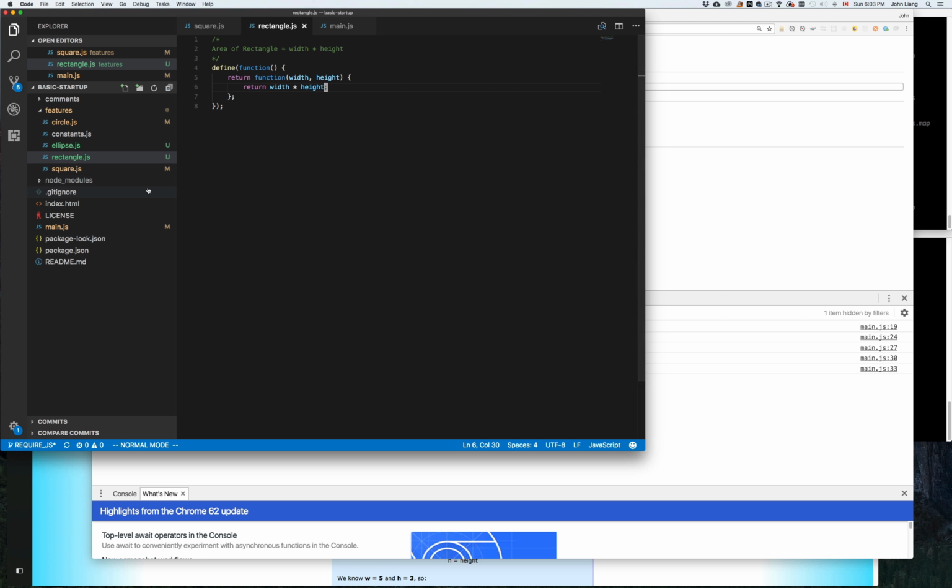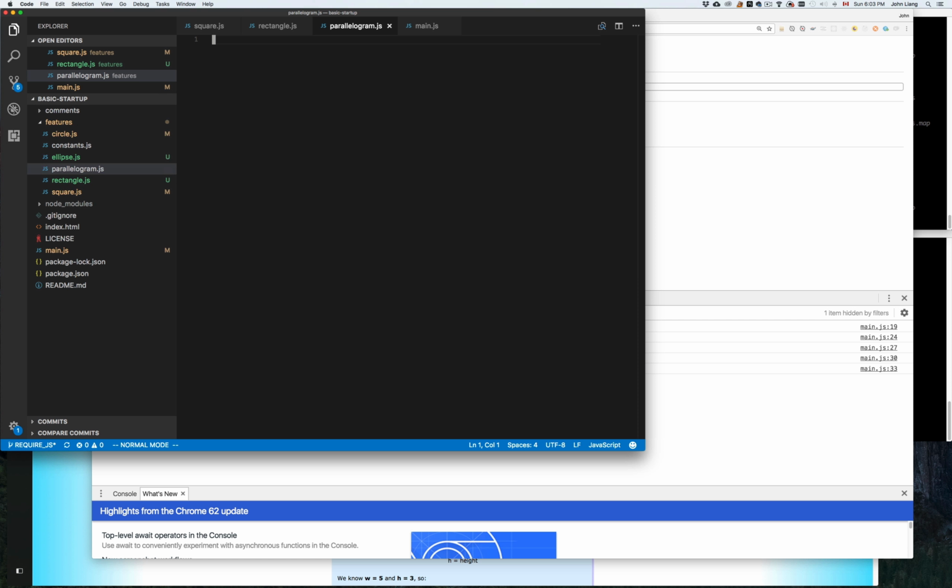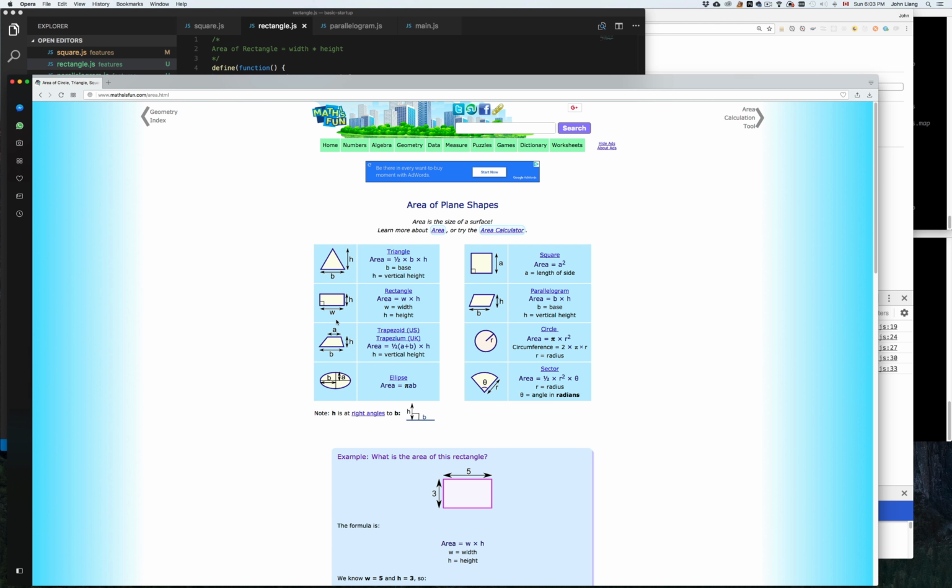Another one is parallelogram. So let's create a JavaScript file, parallelogram.js, and again, it is actually a refactoring of a rectangle. So these two are very much related. The only difference is 90 degrees right here, but this one doesn't have 90 degrees. But it's still base times height.